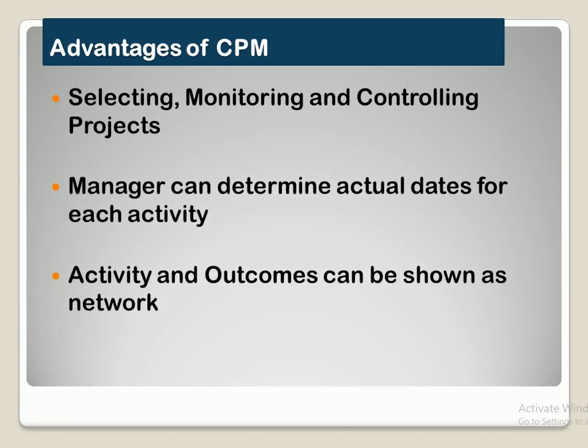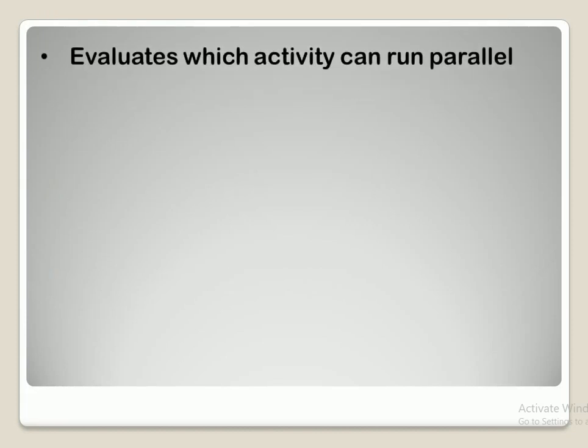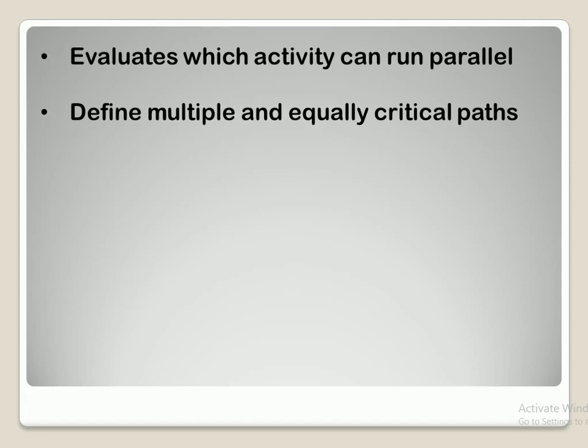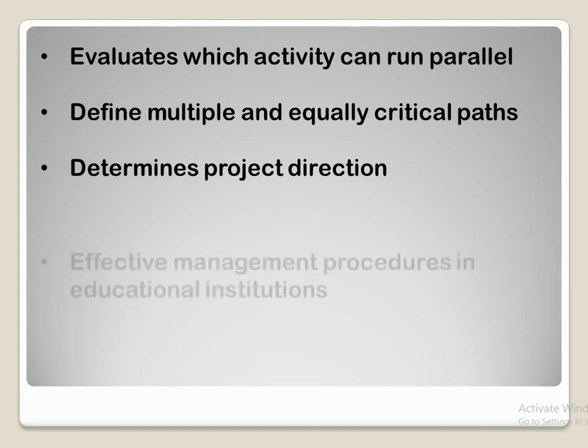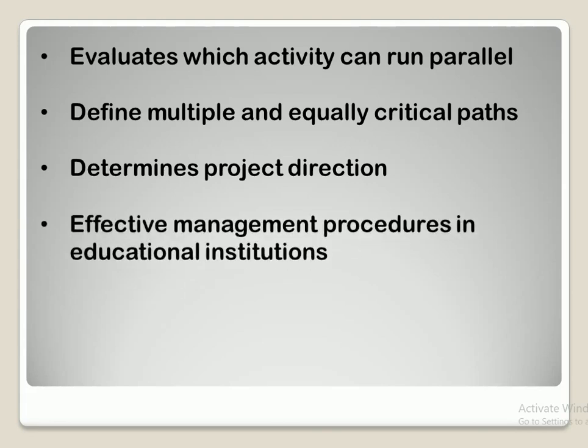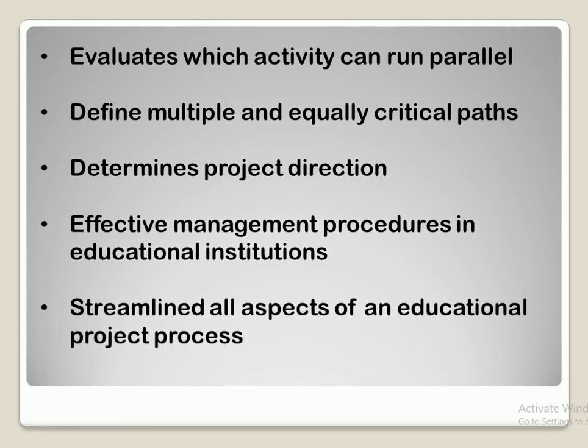We have discussed these things in our previous lectures as well. It evaluates which activities can run parallel, and it can define multiple and equally critical paths. Next, it determines the project direction, as I already discussed, and it offers effective management procedures in educational institutions. It streamlines all aspects of an educational project process.